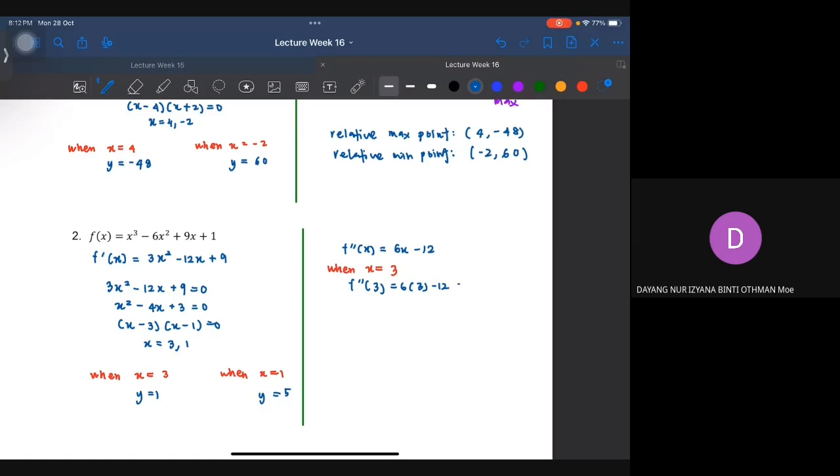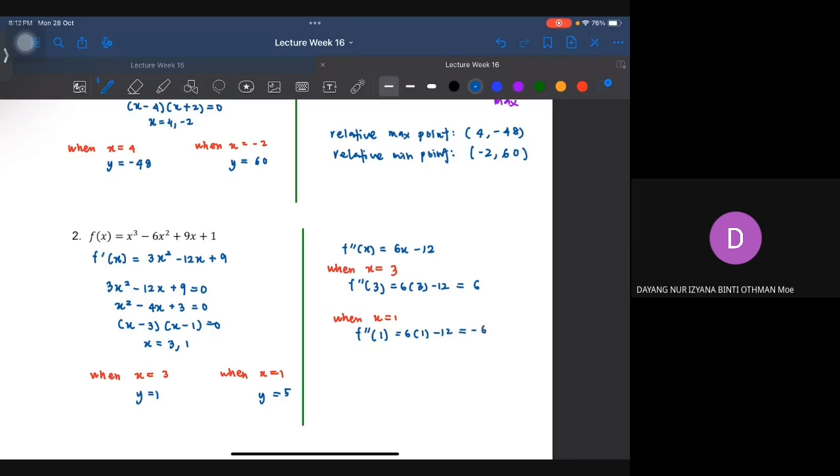So 6 times 3 is 18. 18 minus 12 is 6. Okay, and then for the next value, second value kita, so we have when x equal to 1. Okay, so when x equal to 1, so awak akan dapat f double prime 1 is equal to 6 times 1 minus 12, which is equal to negative 6.